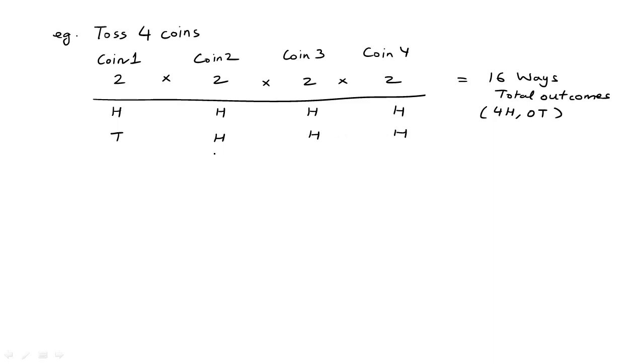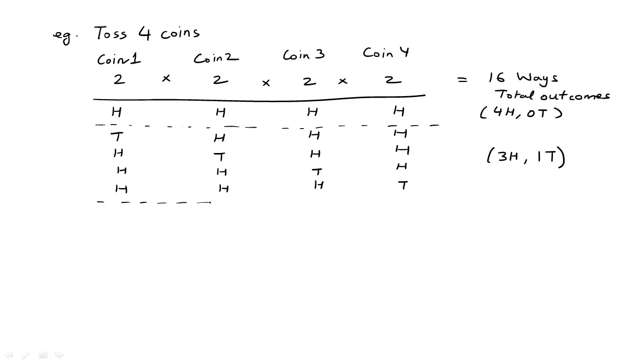Or the second one is tails and the others are heads. Or the third is tails and the others are heads. Or the fourth is a tail and the others are heads. Now all these 4 outcomes can be categorized as the distribution which we can label as 3 heads, 1 tail.